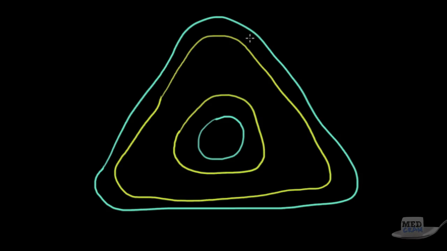And the first layer, or the outermost layer, is known as the zona glomerulosa. The middle layer is the zona fasciculata.